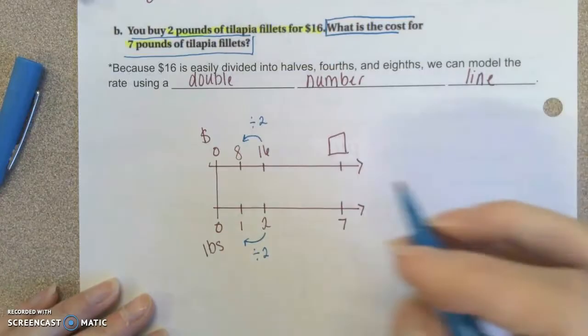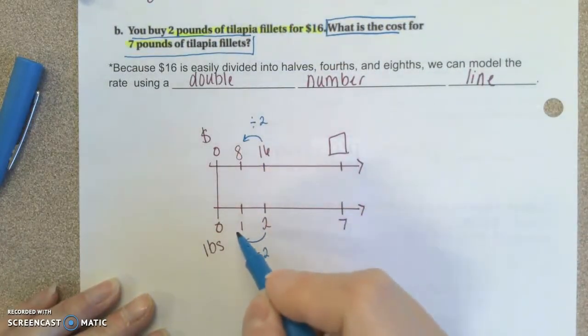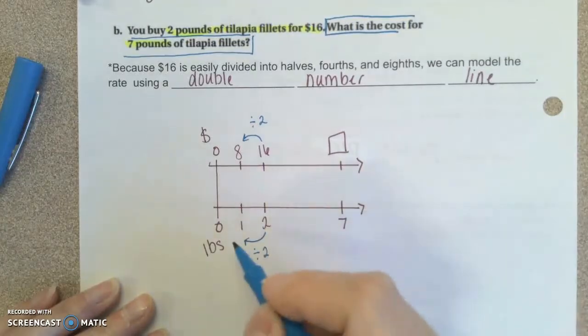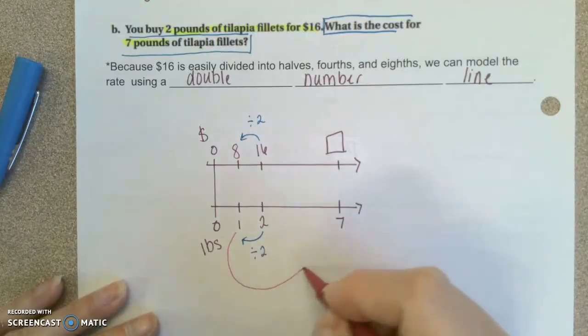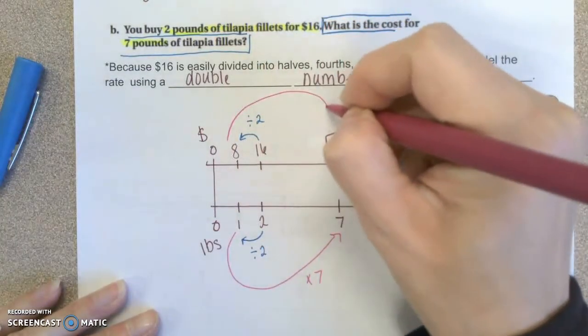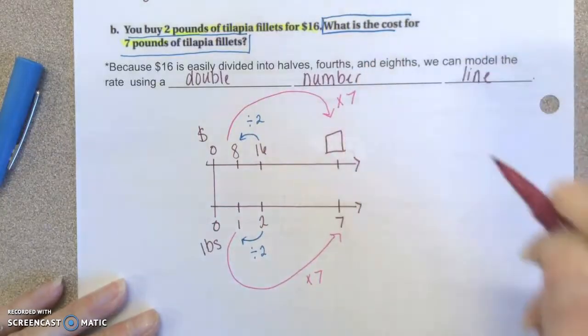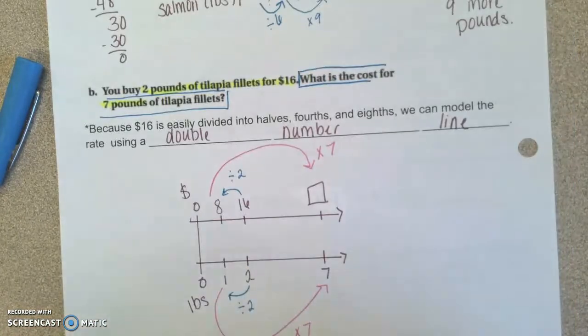So now that I've done that, I can take 1, and I'm going to get up to 7, so I can take 1 times 7, and then do 8 times 7. So go ahead and fill in that box and write your complete sentence as well.